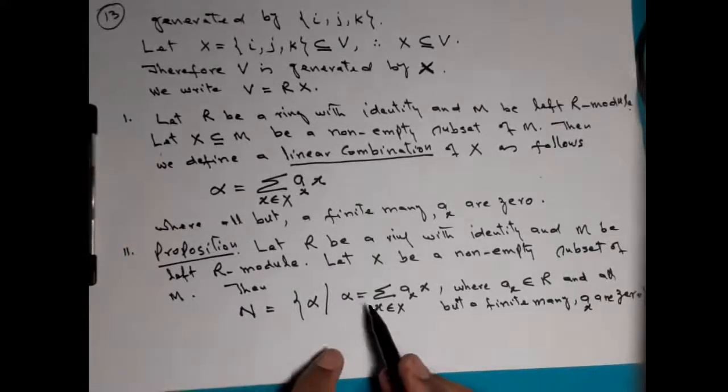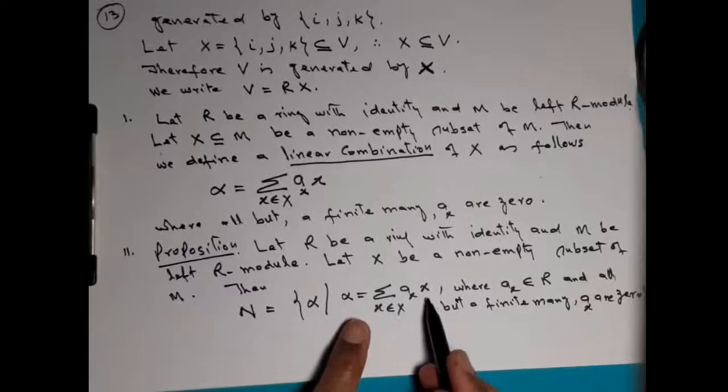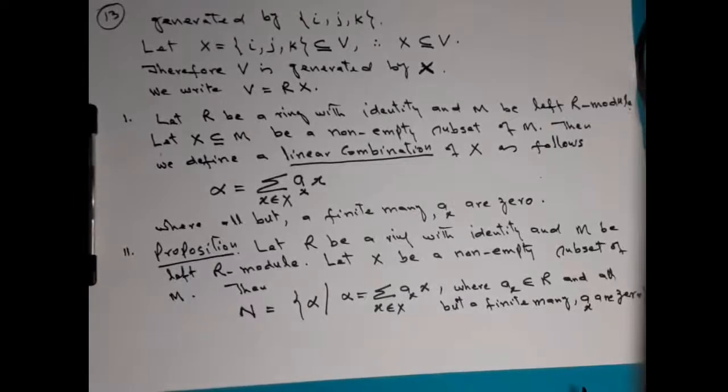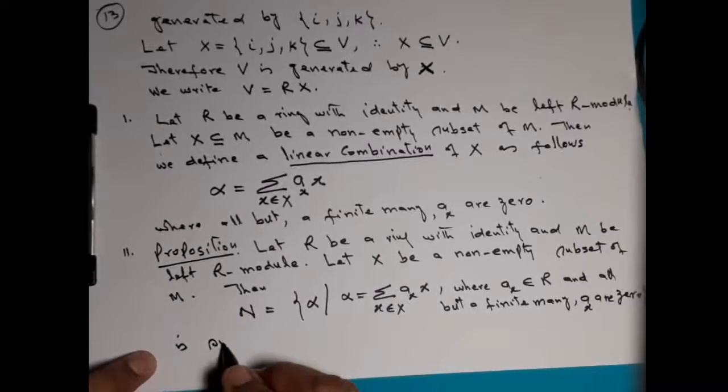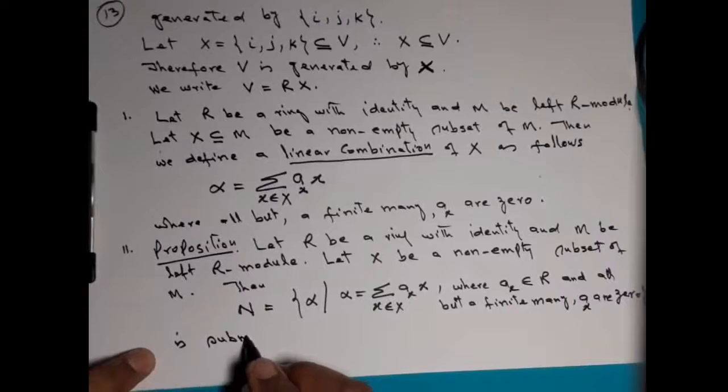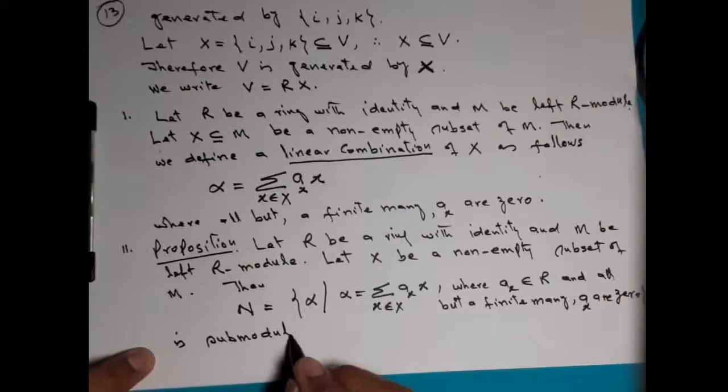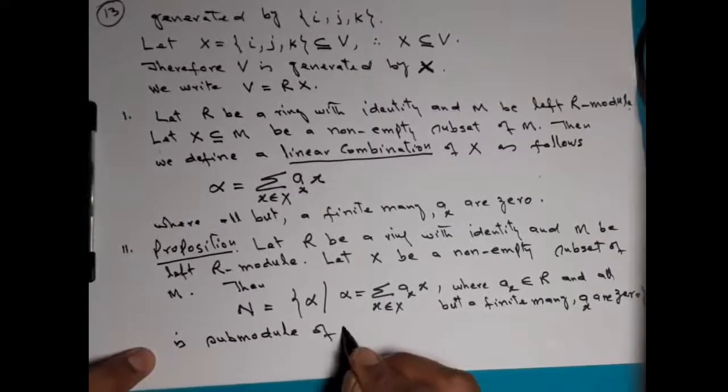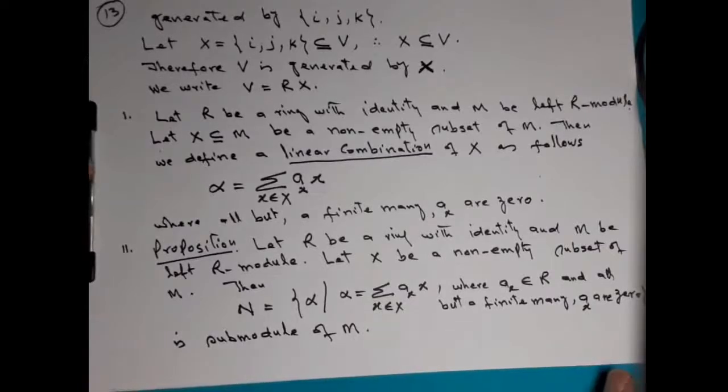So N is the set of linear combinations of elements of X. We have to prove that this N is a submodule of M. So let's prove this.